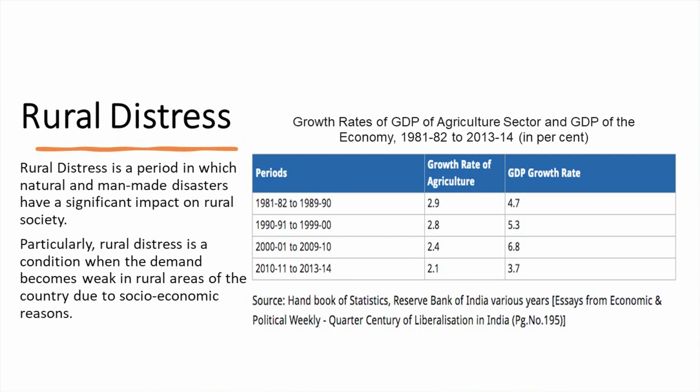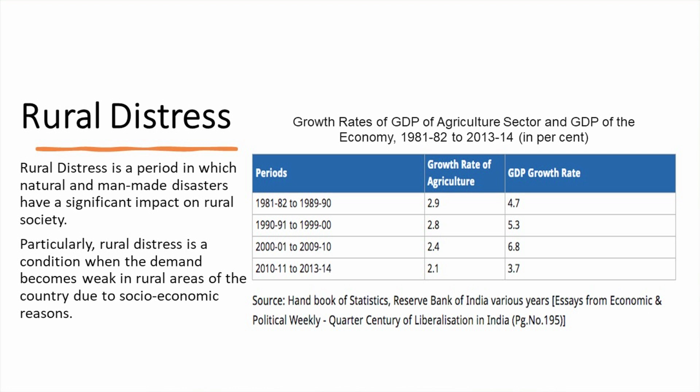Decreased income, decreased buying power, decreased demand eventually would help you to understand what level of distress it is. So particularly rural distress is a condition when the demand of the rural societies, rural areas of the country becomes weak due to socio-economic reasons.